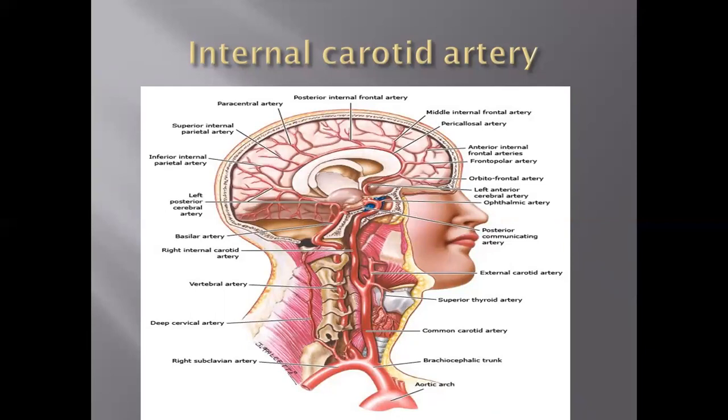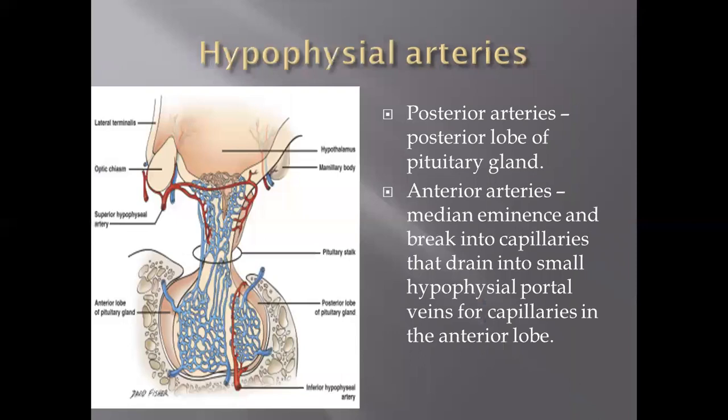So right before its bifurcation into its terminal branches, you're going to have arteries known as the hypophysial arteries. The posterior hypophysial arteries will supply the posterior lobe of the pituitary gland, which per se, is going to secrete oxytocin and vasopressin that would have been made in the hypothalamus by the paraventricular nuclei and the supraoptic nuclei.